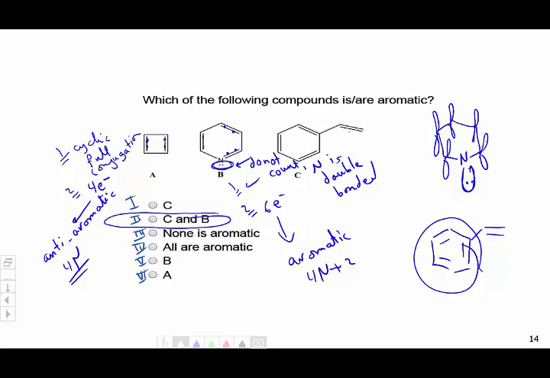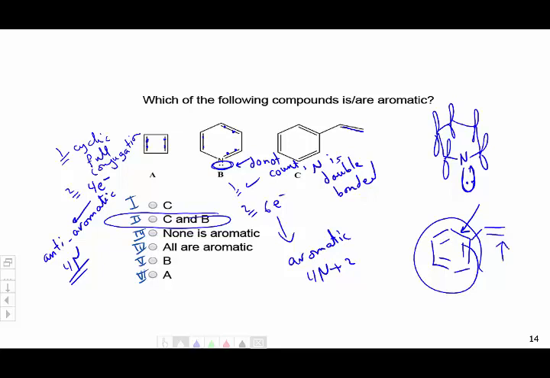Now, is this double bond conjugated with the benzene ring? Yes. Am I gonna count its electrons when counting whether it is aromatic or not? No, because I only count the electrons inside the fully conjugated cyclic system. I don't count the electrons from the pi bond outside it.